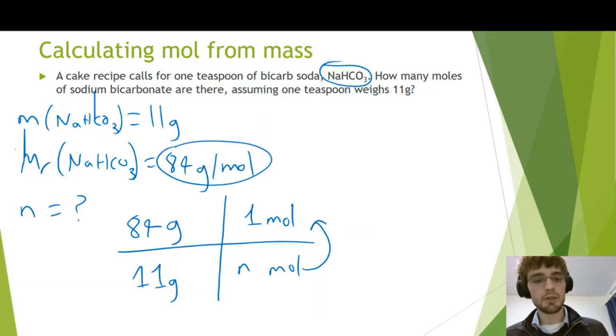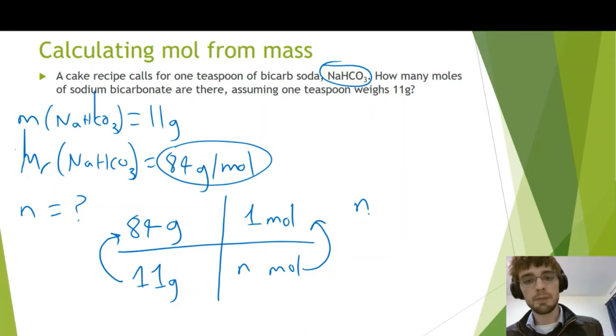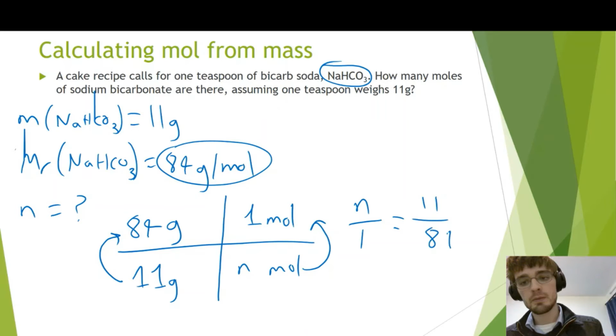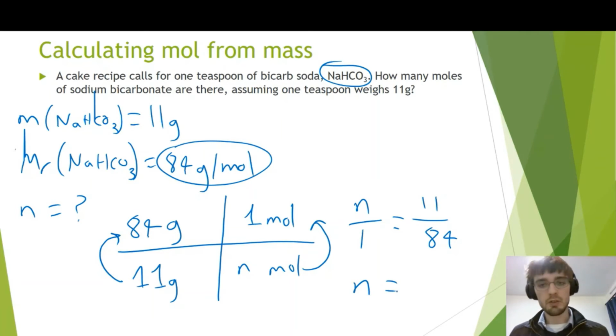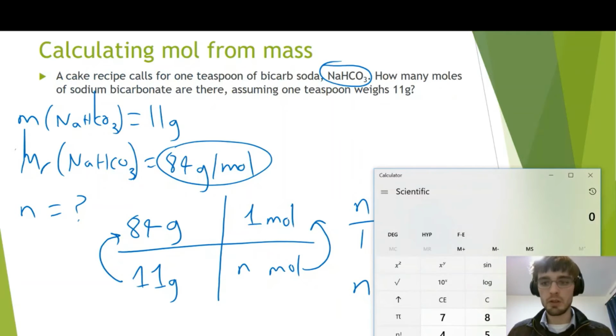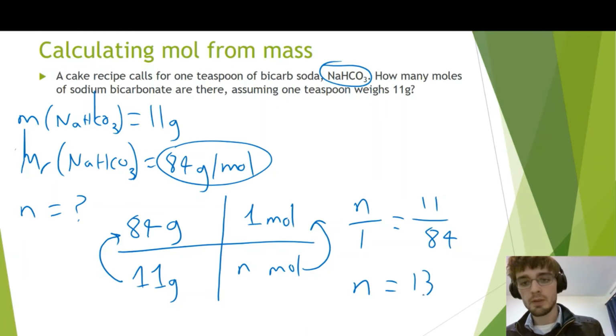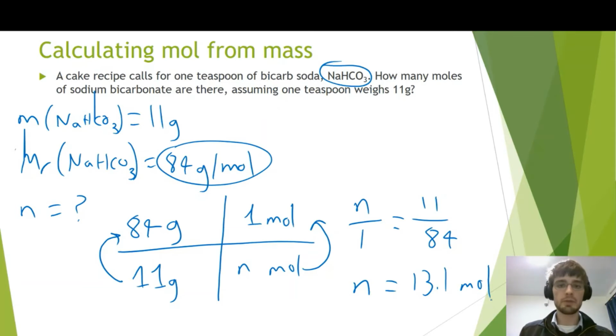So, like in the previous video, if we do a ratio here, n divided by 1 is the same as 11 divided by 84. So n equals 11 divided by 84, and that is 0.131. And round that up to how many significant figures you're working with.